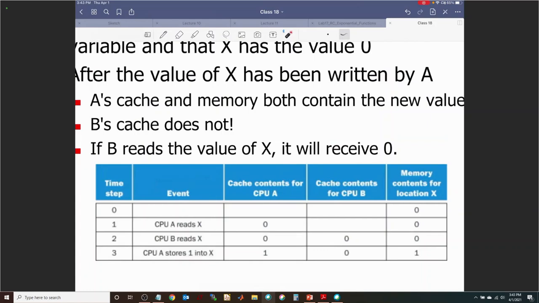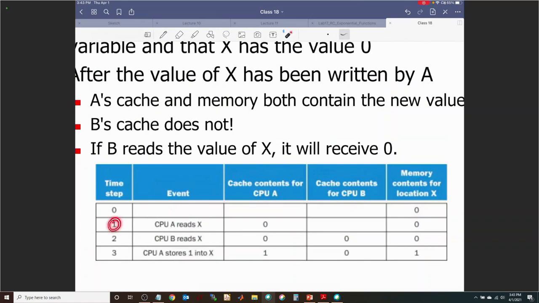While those events are happening, we are monitoring the private cache contents of CPU A, the private cache contents of CPU B, and also the contents in the physical memory for that location X. So in time step 0, we have initialized X in physical memory to be 0. That's just initialization of location X to be 0. Nobody is doing anything here. No processor is reading or writing.